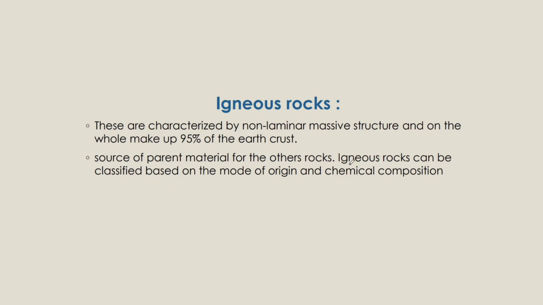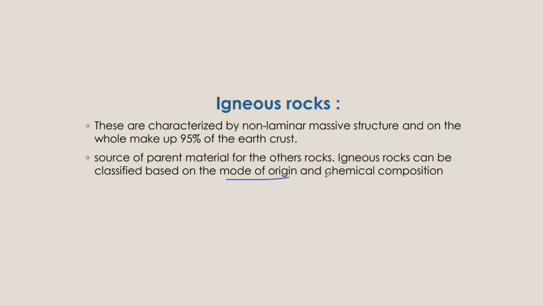Igneous rock is the source of parent material for other rocks, because sedimentary rocks are created by breaking down of igneous rocks. They are also the source of metamorphic rocks too.